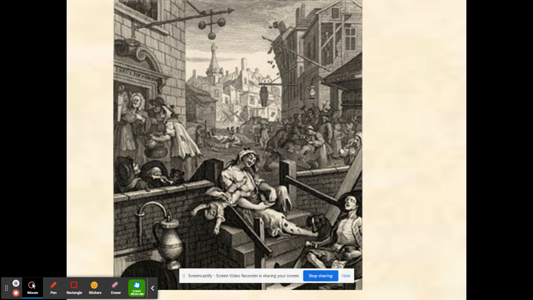But this was actually part of a story that wasn't true about a mother drinking gin and then smothering her child. But the commentary here is that the poor are so addicted to gin that they're selling all their goods and they're rioting in the streets and their city is falling apart and they're literally starving to death or killing their children for liquor, because he's making social commentary on poverty.